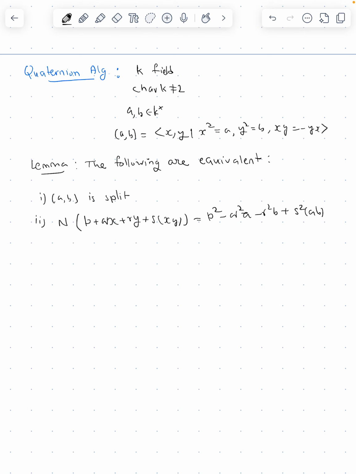So (a, b) is split if and only if the norm has a non-trivial zero. Non-trivial zero means there is some non-zero element in the quaternion algebra so that the norm of that element is zero.